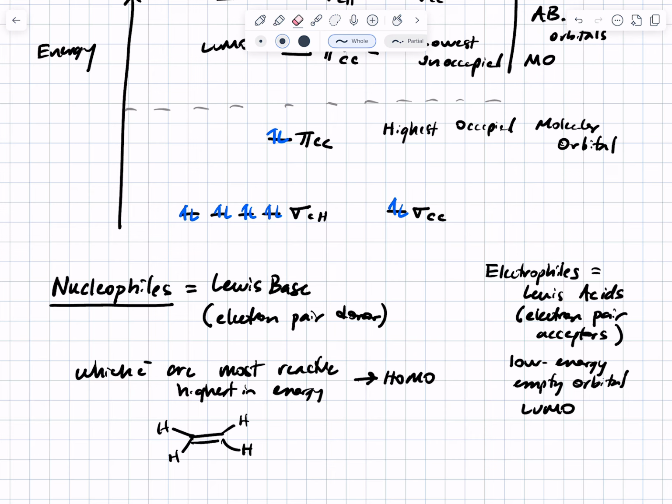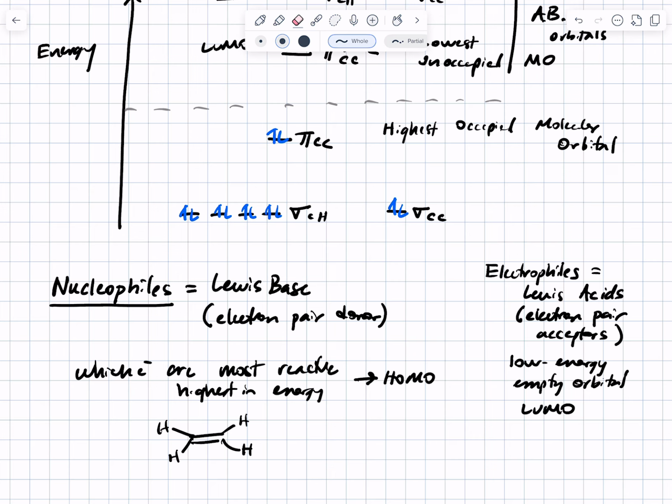Some molecules are almost always nucleophiles, some are almost always electrophiles, some can be both depending on context. This is why on the problem set, I didn't make you decide whether it was going to be a nucleophile or an electrophile. I basically gave you enough hints that you could figure it out. You're going to get that with context and experience.